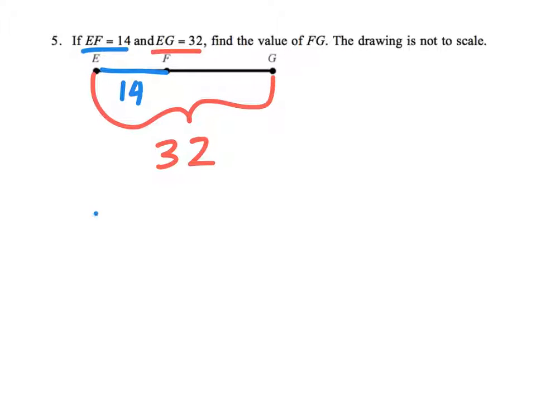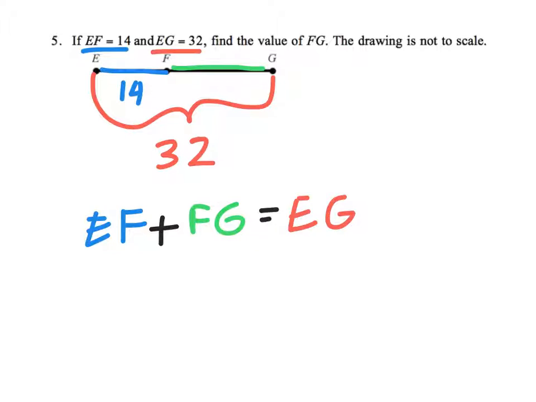So again, I know if I do EF plus FG, and remember FG is this green portion, together they equal EG. I'm going to go ahead and plug in all my numbers. So I know my blue portion is 14, so we have 14 plus, the green part is what we're looking for, so I'm going to leave FG, and together they equal EG, which is 32.